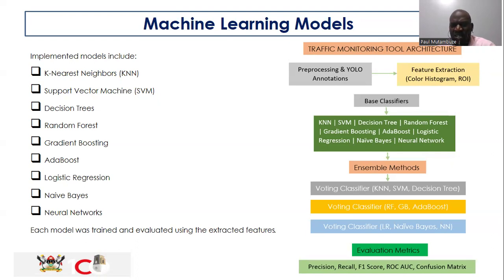The NNs consist of layers of interconnected nodes, capable of capturing complex patterns in data. So this is the architecture we use to generate the predictions that we get from these base models individually.